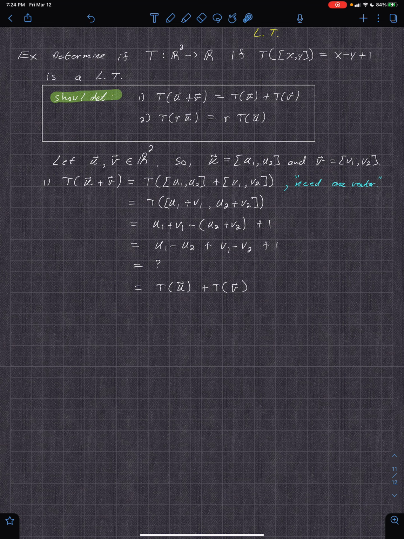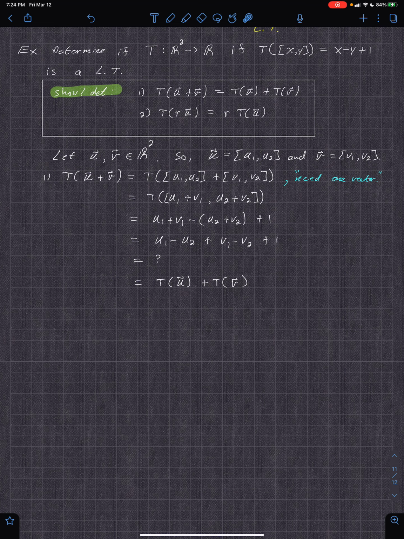So T of u is u1 minus u2 plus 1, right? You could work backwards a little bit and see what's happening. Let's just do that. If you work backwards, T of u is u1 minus u2 plus 1, and then T of v is v1 minus v2 plus 1.